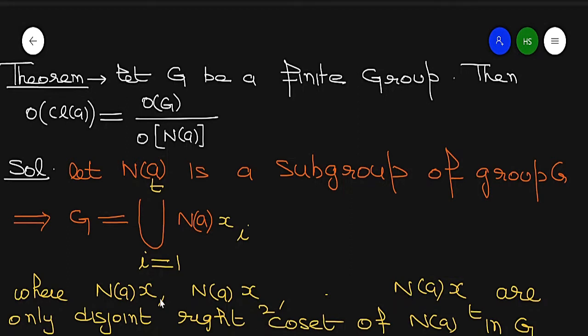So G can be written in this way, because N(A) is a subgroup of group G.